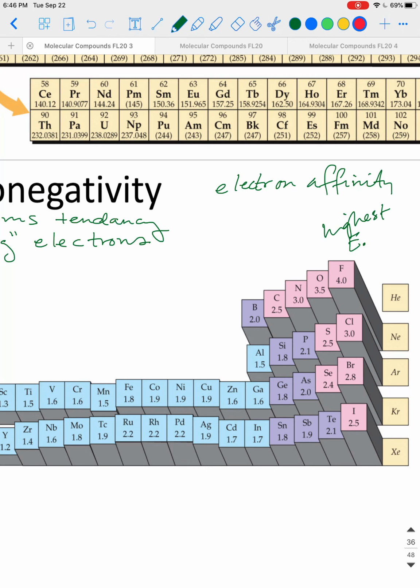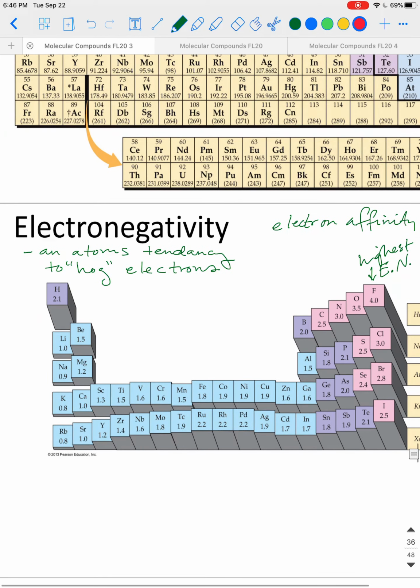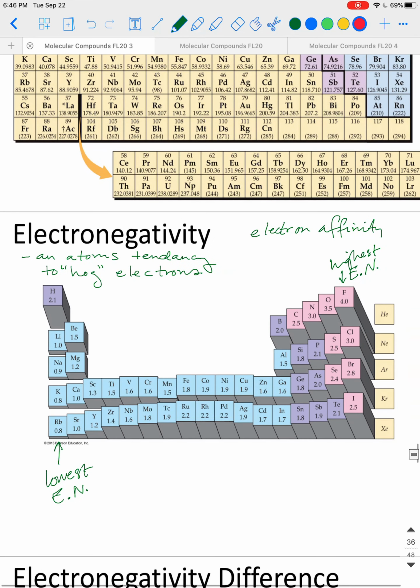And then down here, rubidium and potassium, they have the lowest electronegativity. So as you go across the periodic table and up towards fluorine, you increase in electronegativity. So you can judge electronegativity based on how close an element is to fluorine.